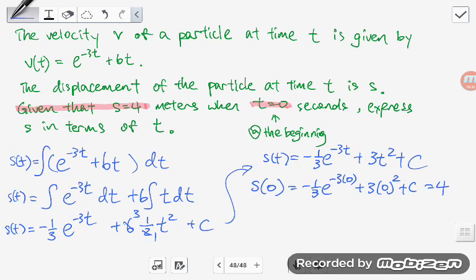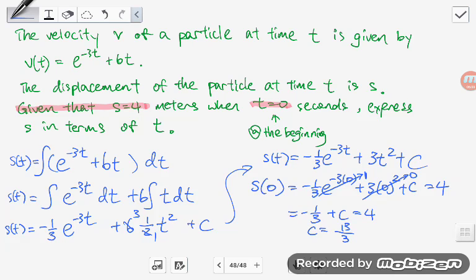Make sense? Because my displacement is 4 when t is equal to 0. Negative 3 times 0 gives me 0, but e to the power of 0 gives me 1. So I get negative 1/3. This whole thing becomes 1, and this whole thing becomes 0. So negative 1/3 plus c is equal to 4. My c is equal to 4 plus 1/3, which is 13 over 3.